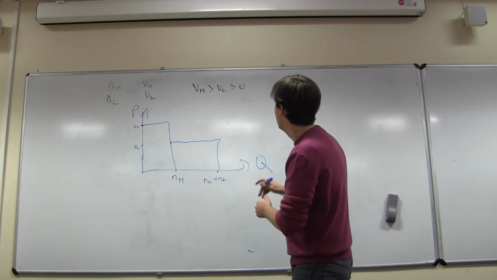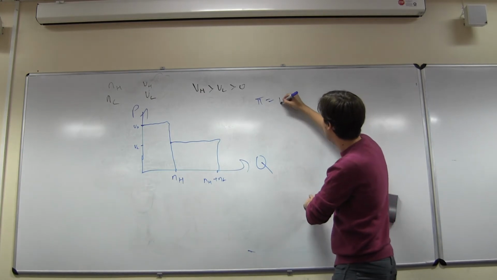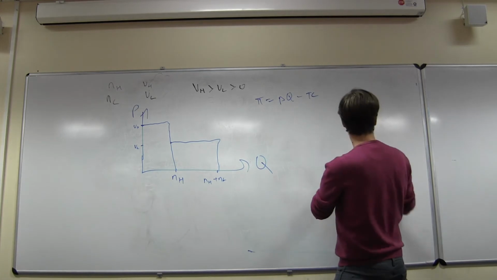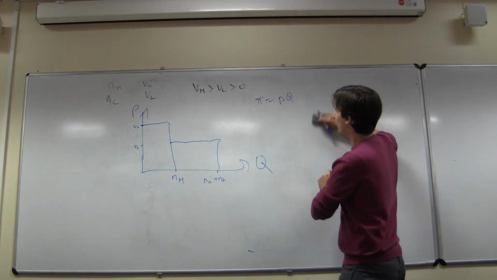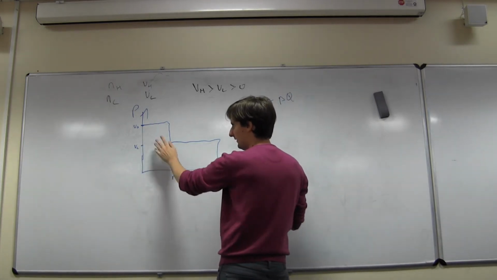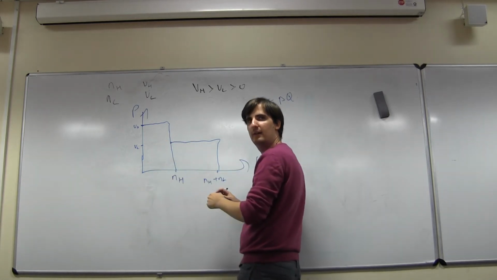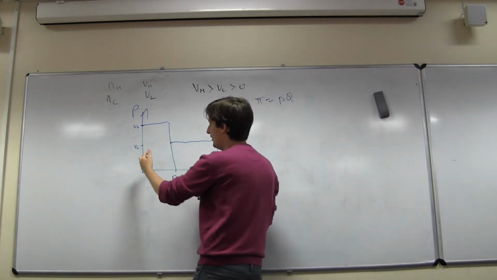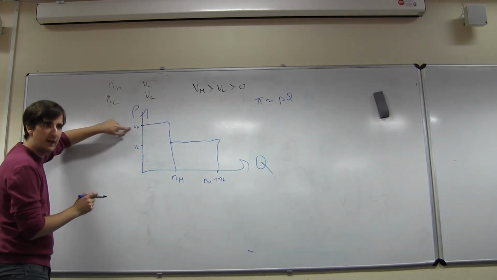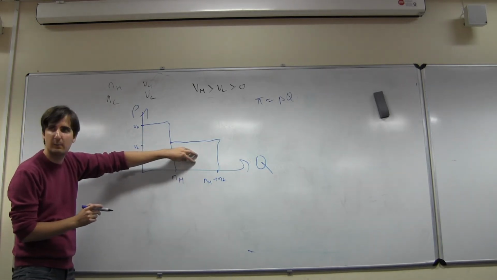So profits are normally price times quantity minus total cost, right? The total cost here is 0, so profits are just price times quantity. Here we've got price, here we've got quantity. So these are potential chunks of producer surplus that the monopolist can get. If he chooses a price between VL and VH, then he's going to be selling to the high-income consumers but not to the low-income consumers.